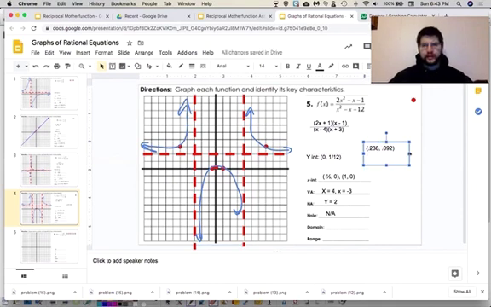I'm curious. Let me see what the key actually says for this domain, because we're going to need to go from negative infinity to this point, 0.092. I'll check in a minute. And then from 0.092 up until 2, and then from 2 to infinity. So it's going to be another triple interval here.